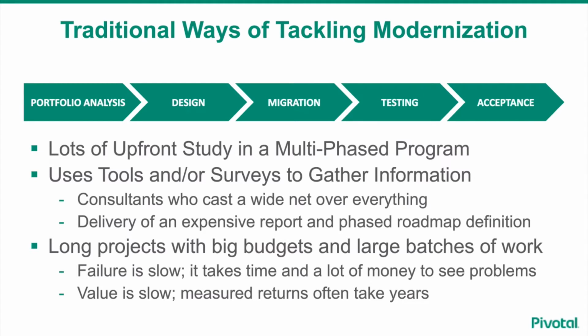And those tend to be long projects, right? They have big budgets, and the failure is slow. It takes a lot of time and money to see those problems. The value is, of course, also slow. And so that's a little bit more of a waterfall-y sort of approach, right?